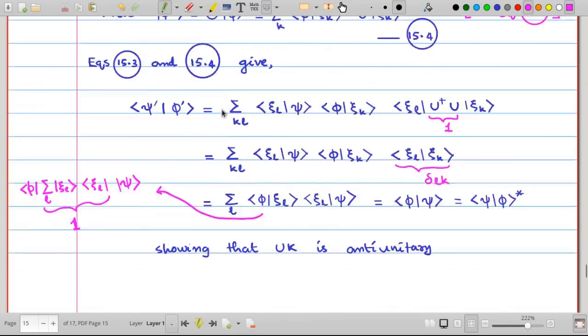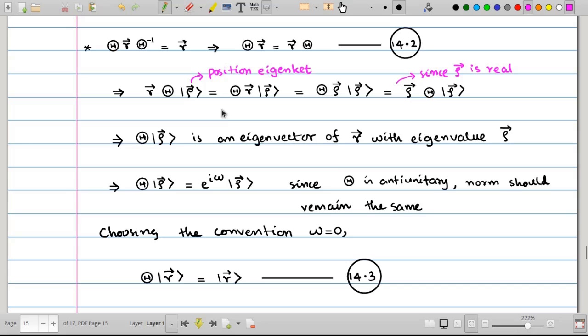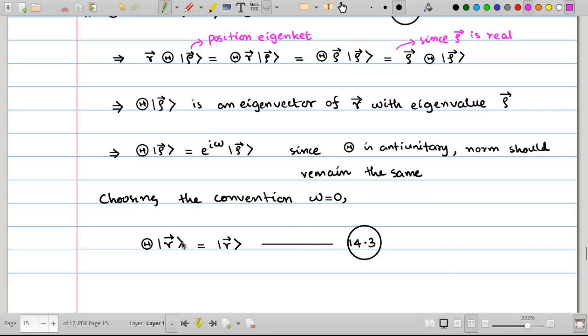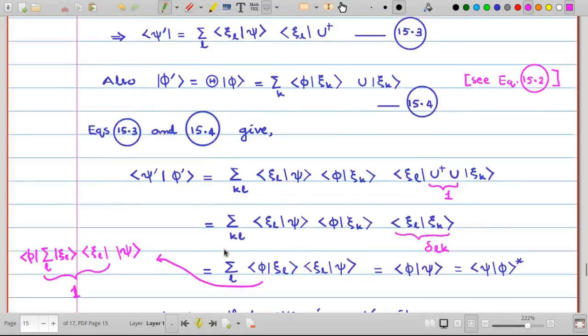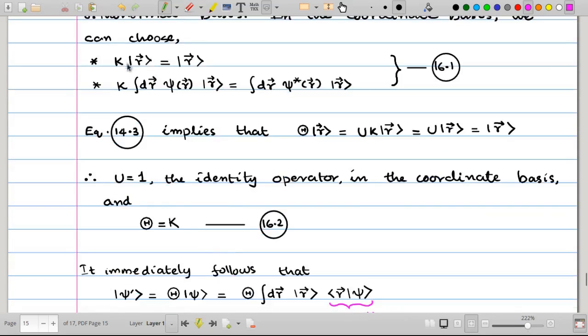Now from equation 14.3 with this choice that omega equals 0, we see that the time reversal operator acting on the position eigenket leaves it unchanged. So we have already seen that the complex conjugation operator leaves it unchanged, and the product uk, that is theta, the time reversal operator, should also leave it unchanged.